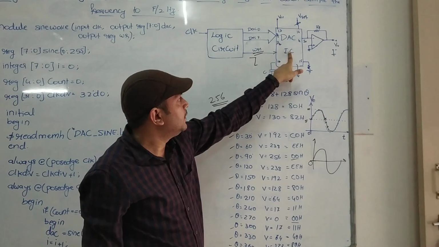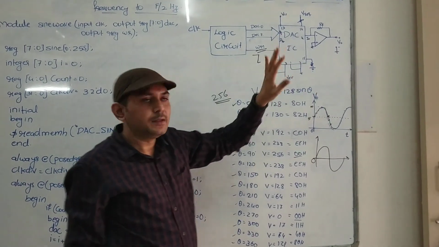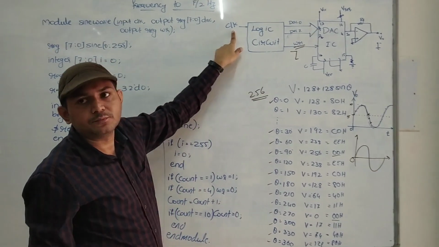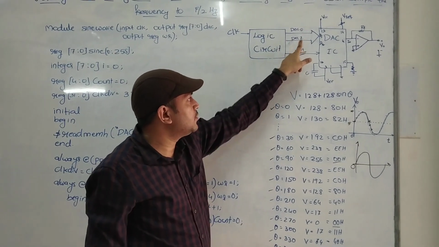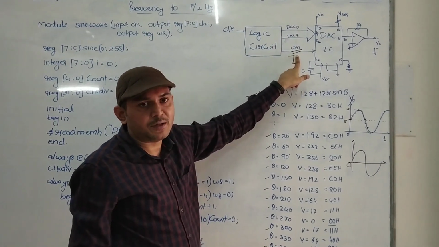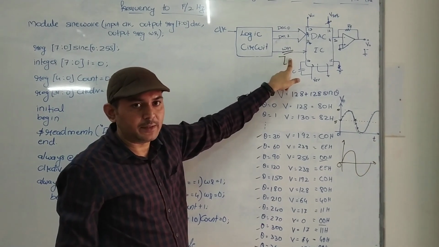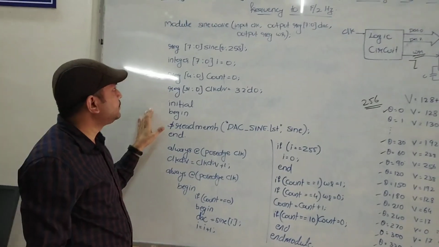Then only the DAC IC will convert the digital data into analog form. Clear? The only input to this logic circuit is your clock. Using this clock, we have to generate the digital values as well as the high to low transition at the output WR bar pin. Followed?